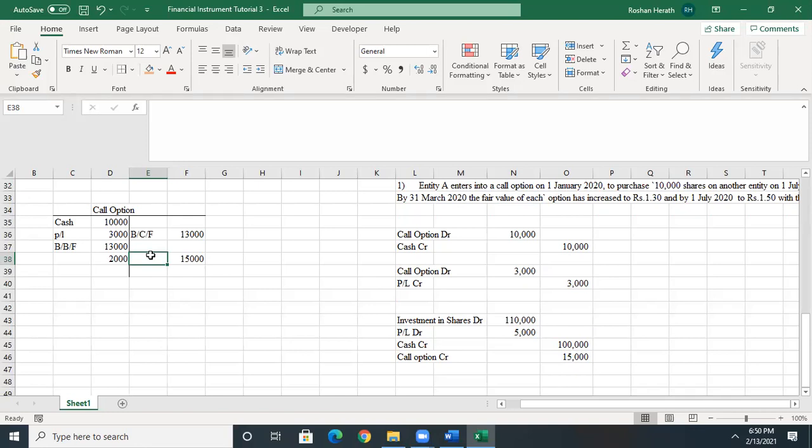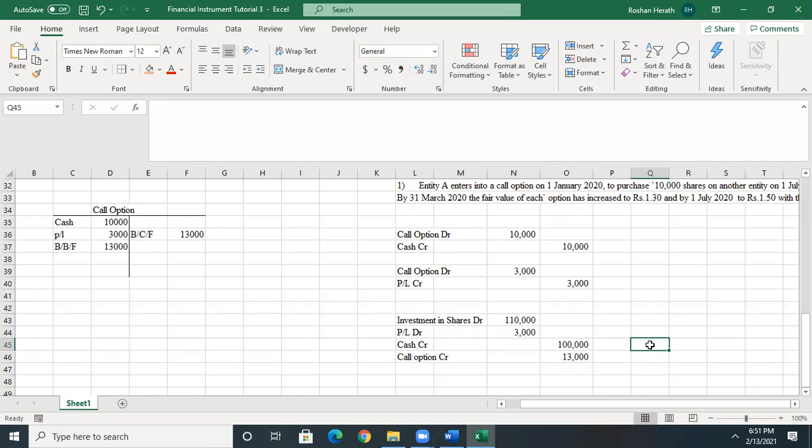So here we have taken the option to purchase the shares. Therefore, at the point of maturity, we have to simply derecognize the option. Hence, I did not bother about that remeasurement. It's 13,000. So here it remains 3,000 over there. So that is the entire story.